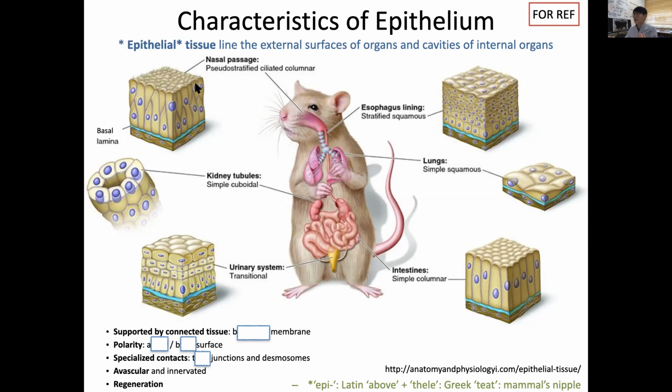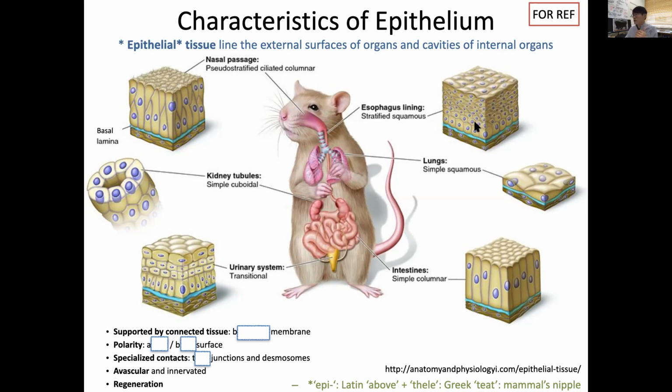And here it has a lot of cilia. Cilia are fine structures which increase the surface area. And it's columnar.